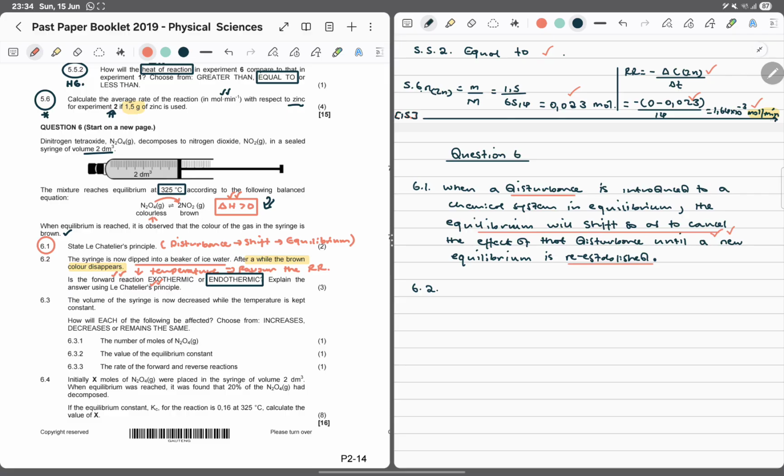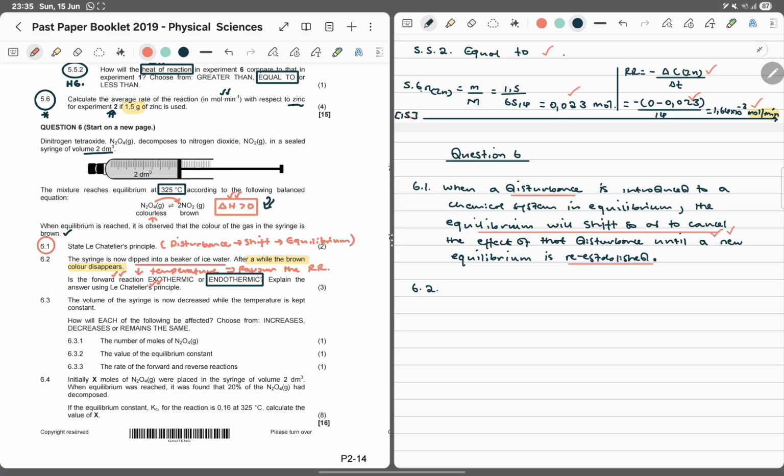We would talk about a temperature drop favoring a particular reaction, and which reaction is favored here. And as a result, we make a conclusion. So again, three steps: stating the disturbance and its influence, what Le Chatelier says, identifying something, then drawing a conclusion.